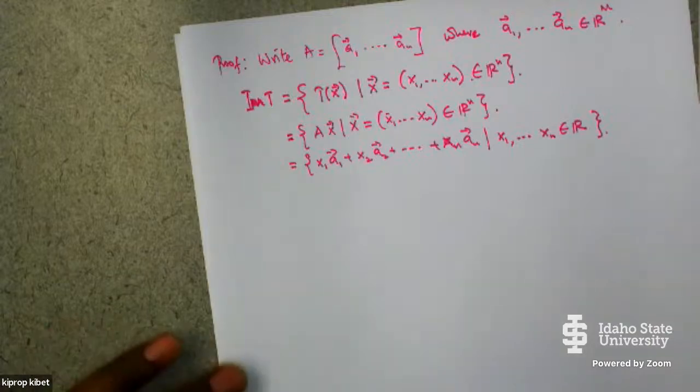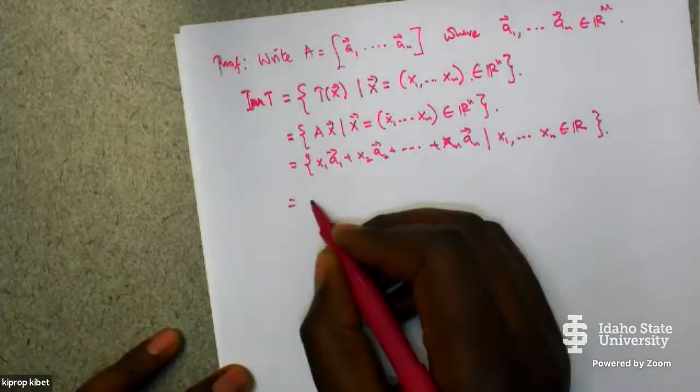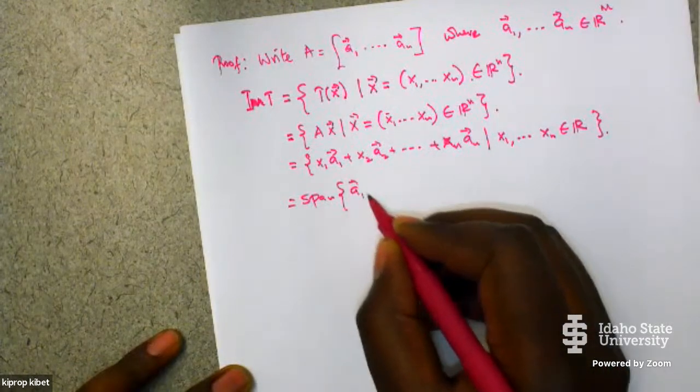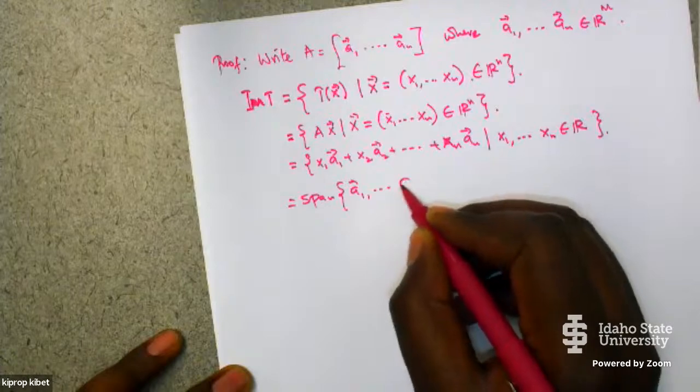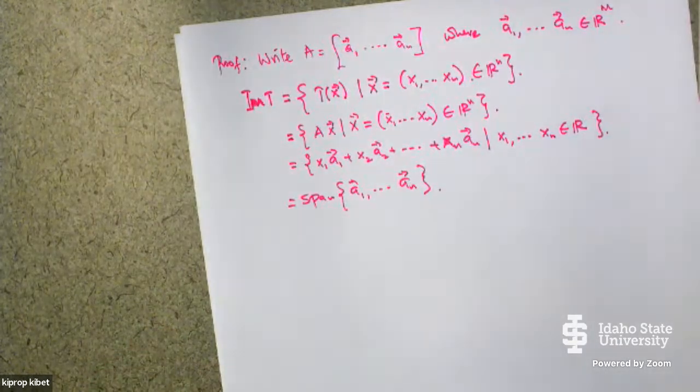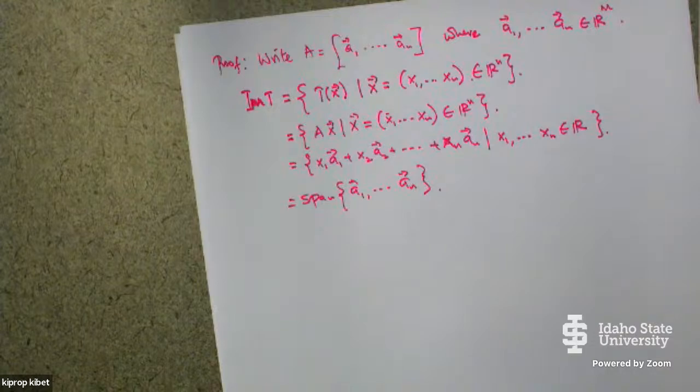Then this is the same as the span of A1 up to An. So the image of T is equal to this, and this is equal to the span of that.